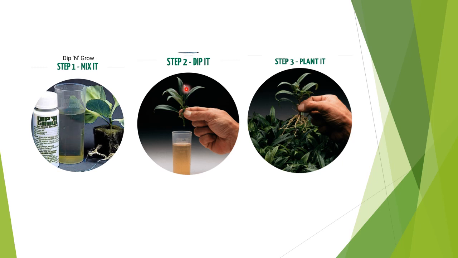In step 2, you dip it, and then you take this cutting and plant it, and it will develop rooting there. So here it's a concentrated solution. Dip-in has a concentrated solution, while the soak-in, where you soak the cuttings, has a low concentration.